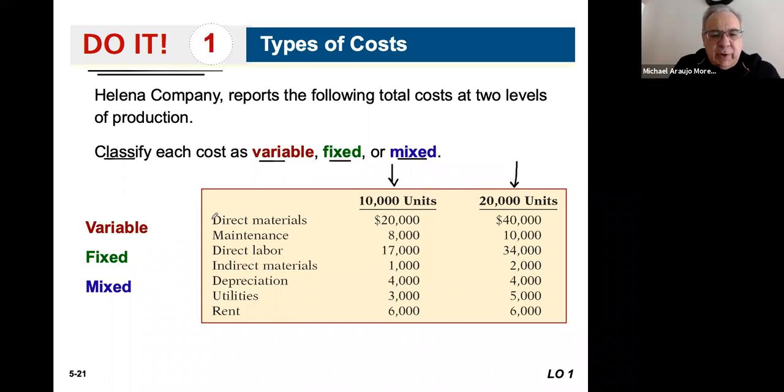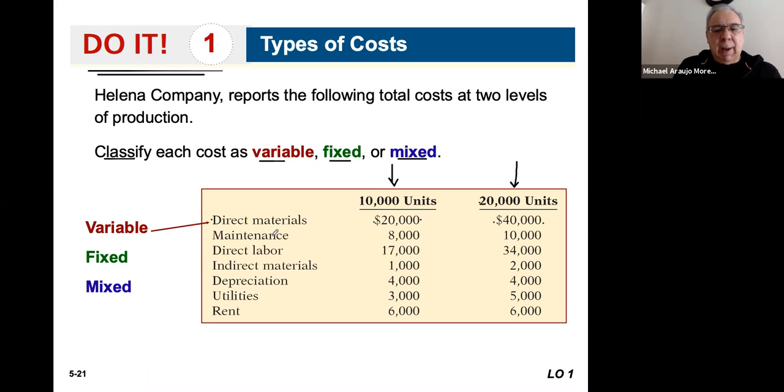So the very first one we see here, direct materials, at 10,000 units, we need $20,000 of direct materials. At 20,000 units, we need 40,000. Now this sounds pretty straightforward, right? It's $2 of direct materials per unit here, and $2 per unit here as well. And so that would end up being a variable cost because the cost per unit is the same.